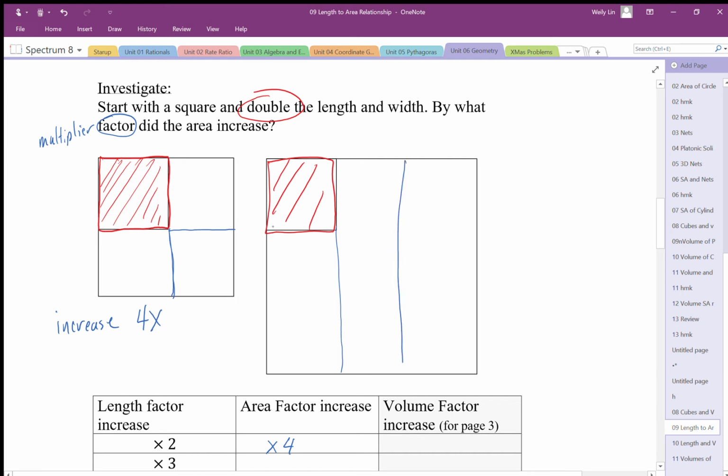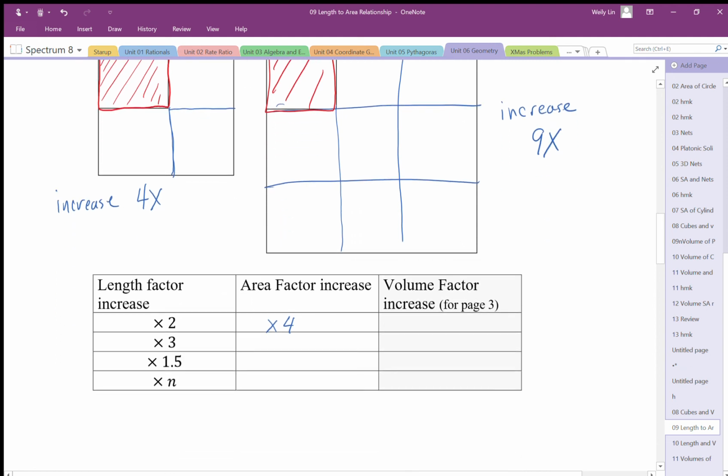How many times more squares do I have? Again, we're not talking about the actual adding of area. We want to know the factor increase. So what happened here? We went from 1 square to 9 squares. We have an increase here of 9 times. So if I increase the length and width by 3, I get a 9 times increase.